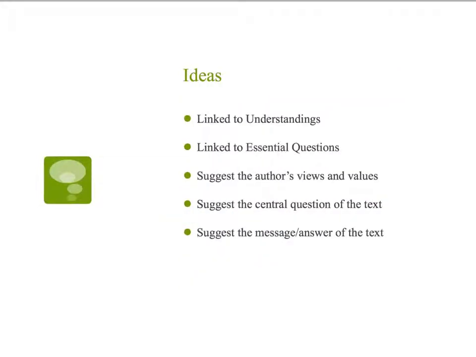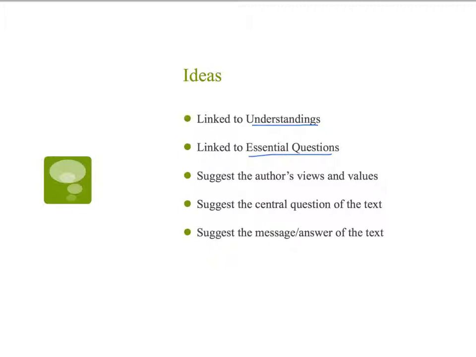The I in CHILL stands for ideas, and we have a number of ways to think about the ideas in the text. We have understandings that help us already think about the ideas in the text. We also have essential questions that help us connect to the text in a conceptual manner. But you also need to think about, and these might be in the understandings and the essential questions, the author's views and values.